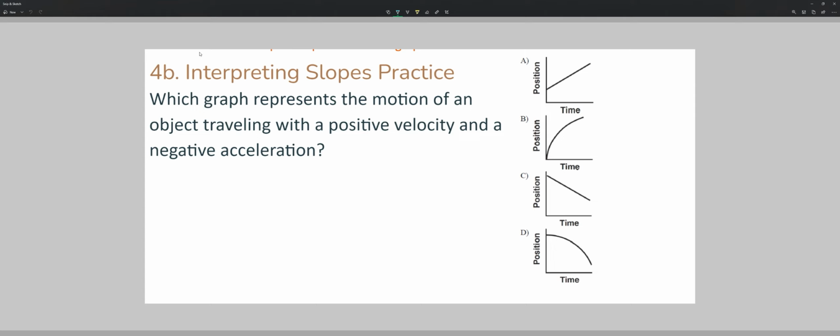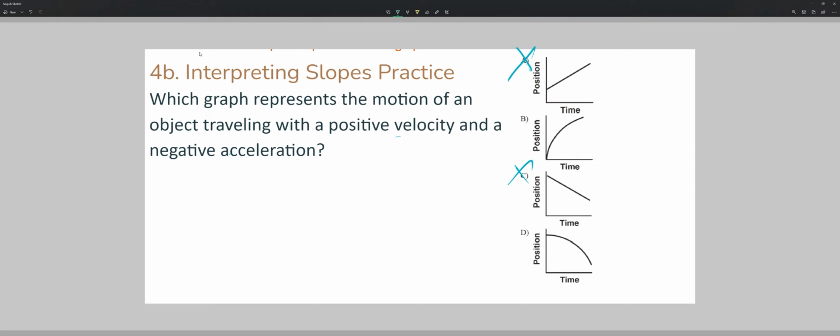If you have an acceleration, that means your object is accelerating, and if your object is accelerating, your position time graph will curve. So it's neither A nor C. Your slope must change. You must have a changing slope if you have an acceleration.